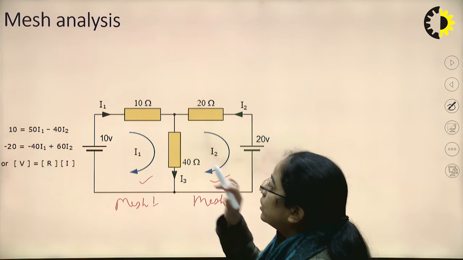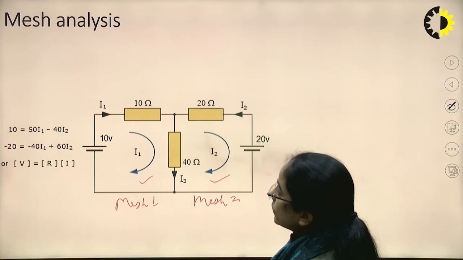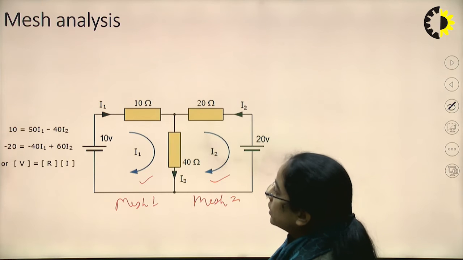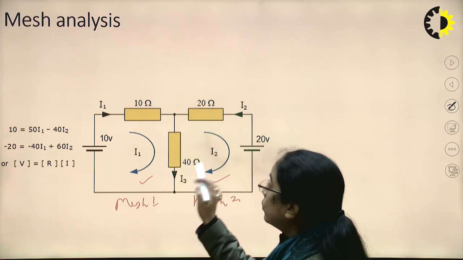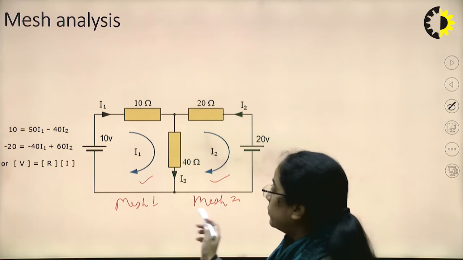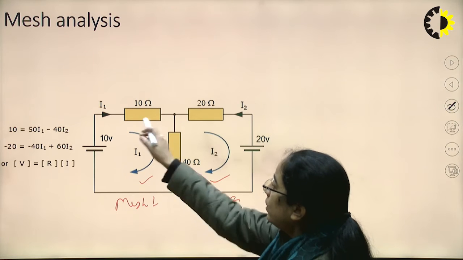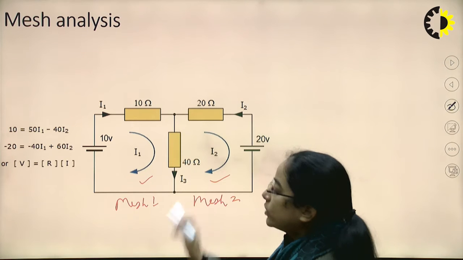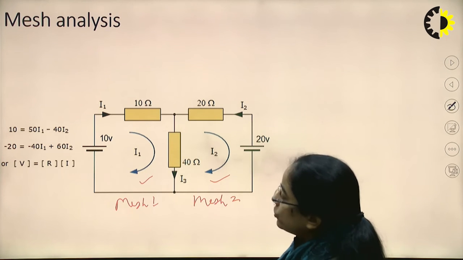Because 10 plus 40, that is 50, is the value of the resistance of this mesh, the self resistance, and this 40 ohm is the common resistance between mesh 1 and mesh 2. So 50 I1, that is (10 plus 40) I1, minus 40 I2, because this 40 ohm resistor is the common part between mesh 1 and mesh 2.